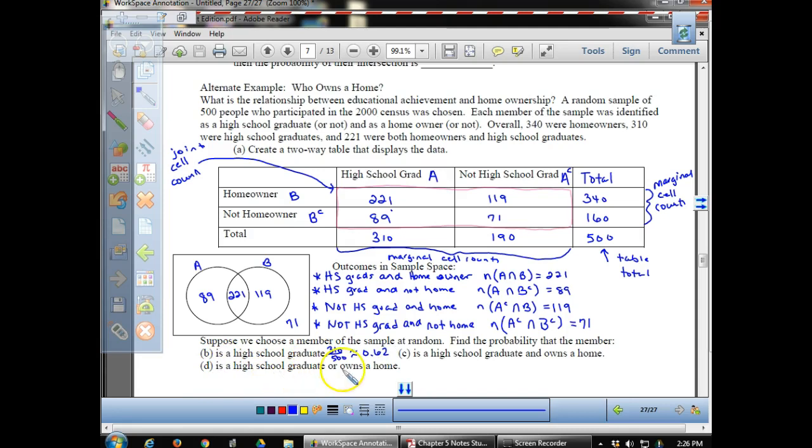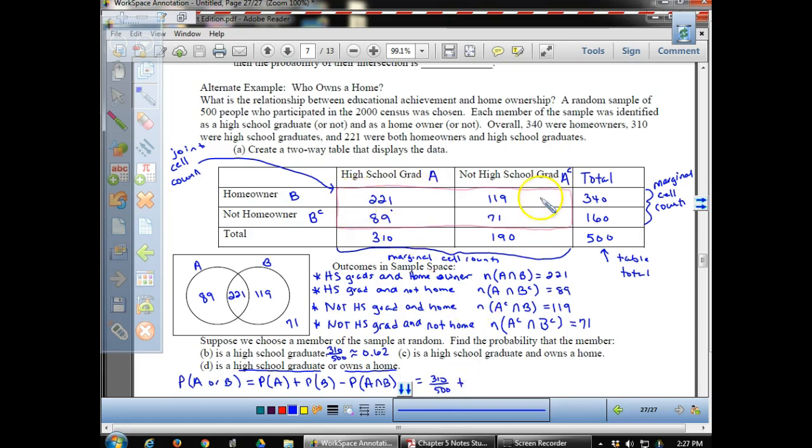B says, is a high school graduate or owns a home. So the probability, high school grad is event A, or owns a home, which is event B. So it's going to be probability of A or B. And this is the formula we just learned. So we need the probability of A plus the probability of B minus the probability of A and B occurring. So the probability of A is going to be 310 out of 500.